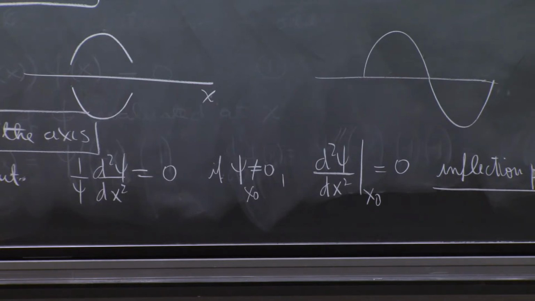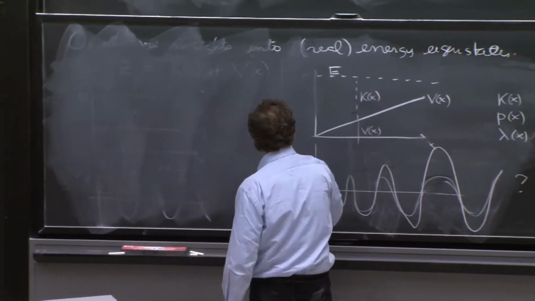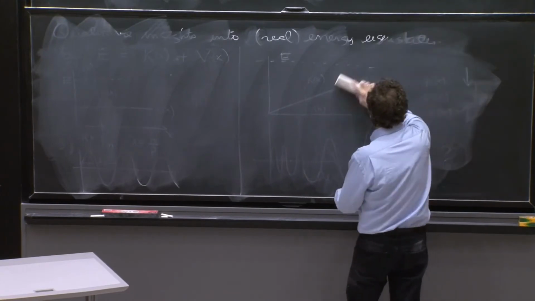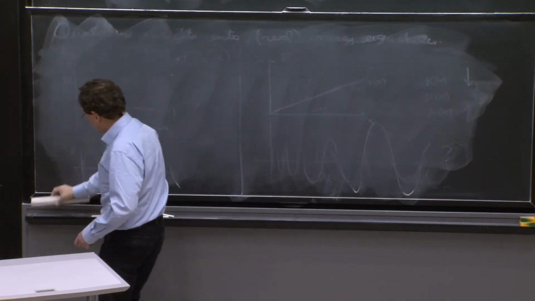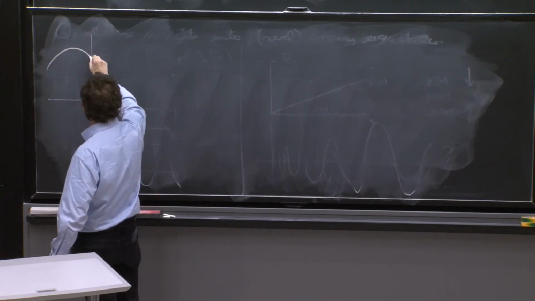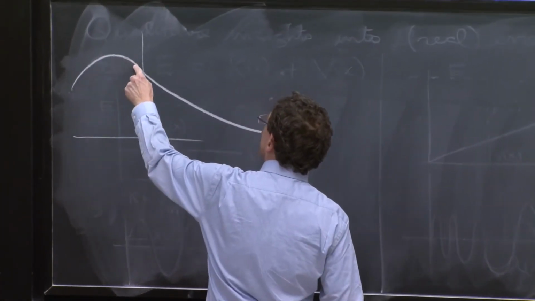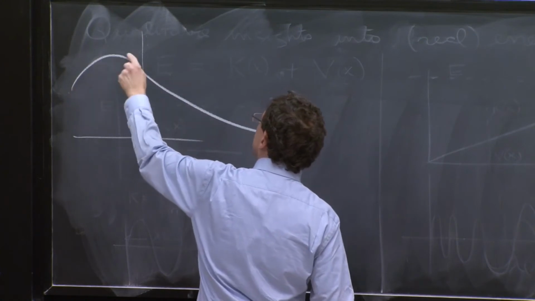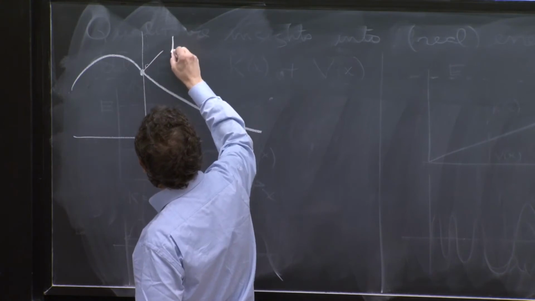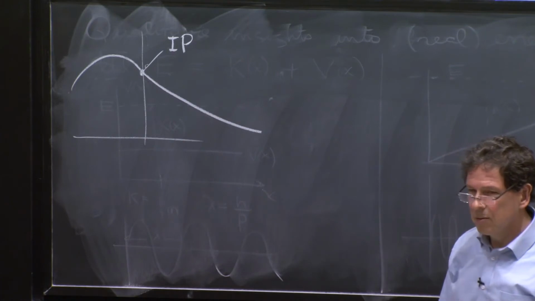So if you have a wave function that has an inflection point, you have a sign that you've reached a turning point. An inflection point on a wave function could be anything like that. The second derivative is positive here, it's negative here, and positive again. This is an inflection point, a point where the second derivative vanishes.